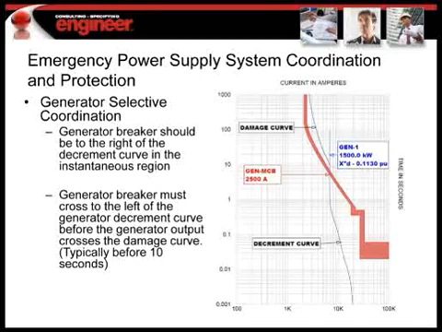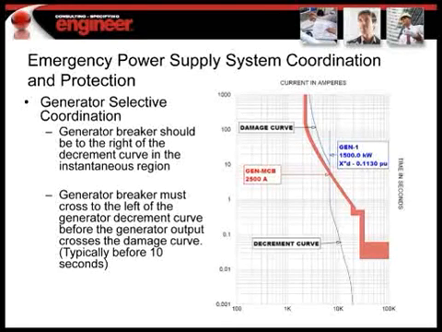But as far as our breakers are concerned, for the breaker that protects the generator, we want to allow the fault to happen for a certain amount of time, and then make sure that our breaker crosses the decrement curve, so it's on the left side of the decrement curve at some point before you get to the damage curve.